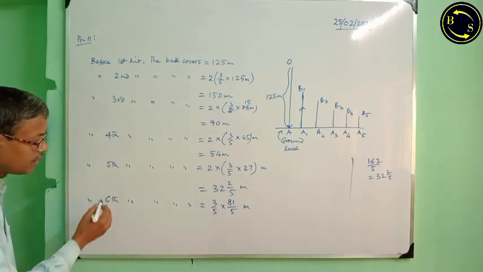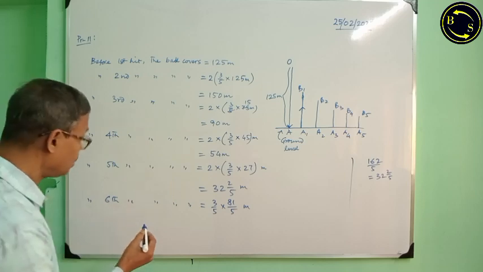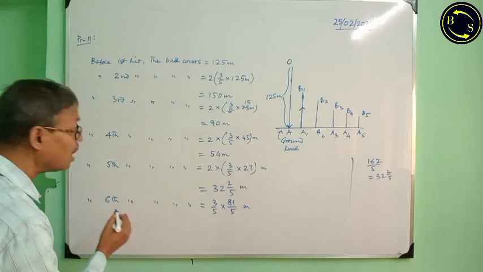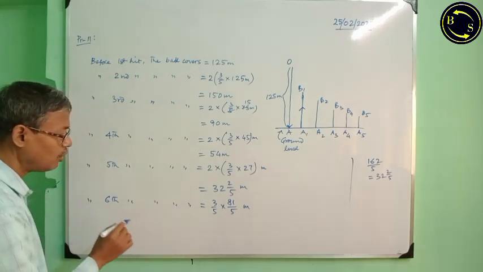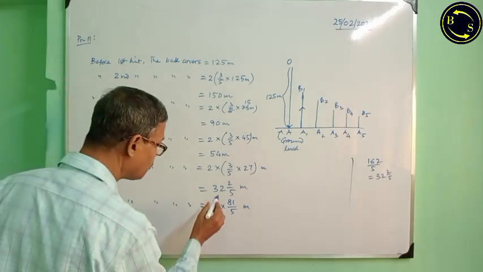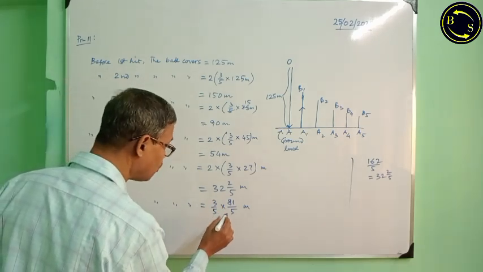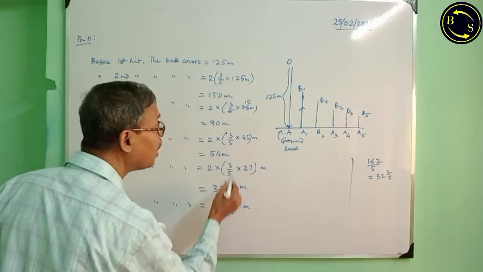That means after the 5th hit, the distance covered by the ball will be one time 3/5 of the earlier height.